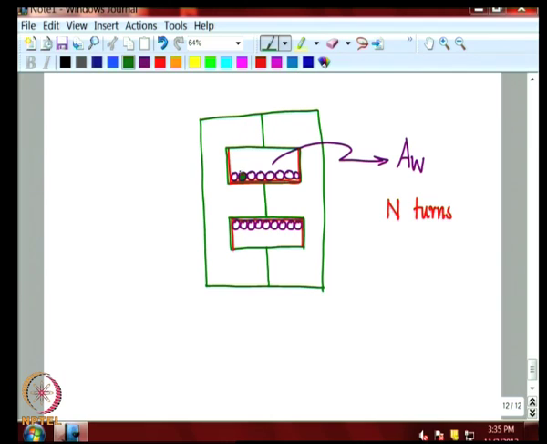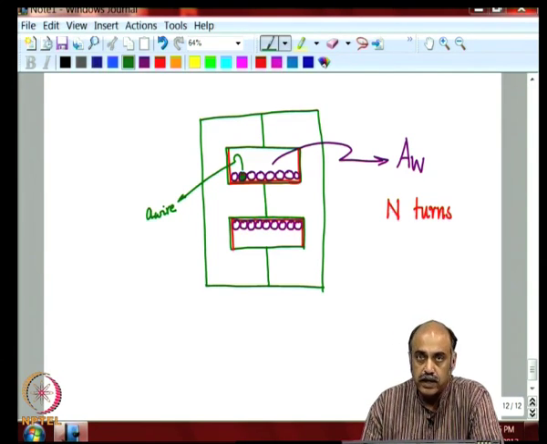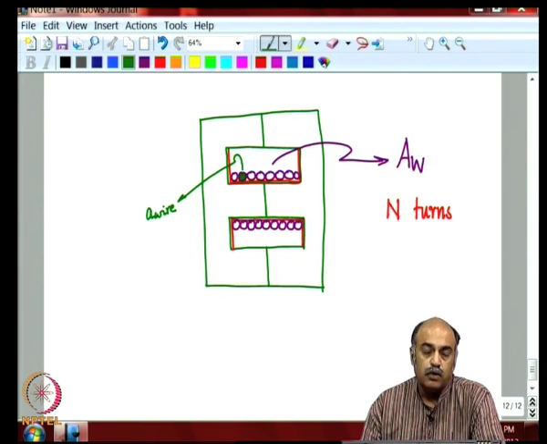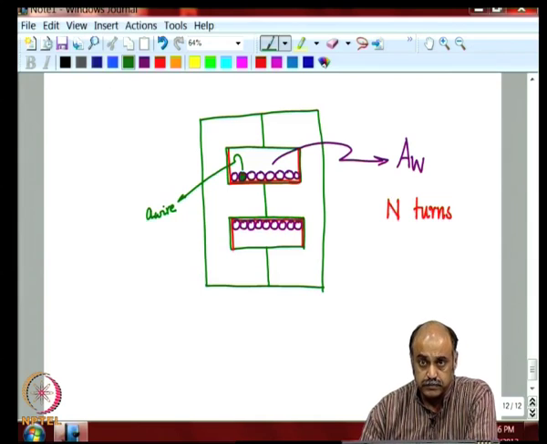Let us say it has a cross section area A wire. Now, A wire is decided based on the thickness of the wire gauge, and the thickness of the wire gauge is decided based on the amount of current that a wire has to carry, and the amount of current, of course, is obtained from the electrical circuit side by electrical analysis.